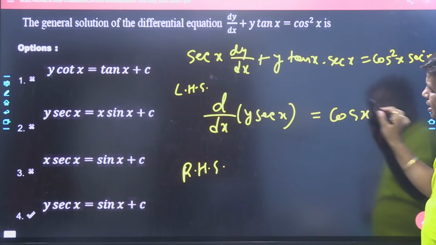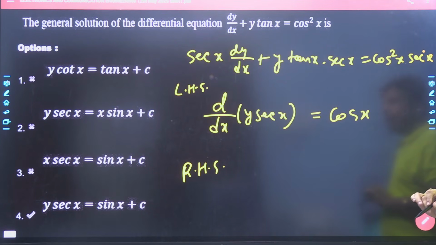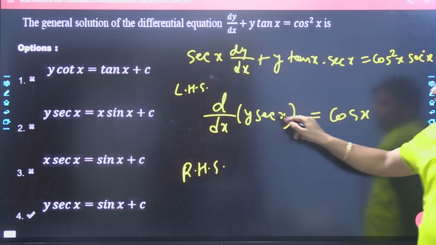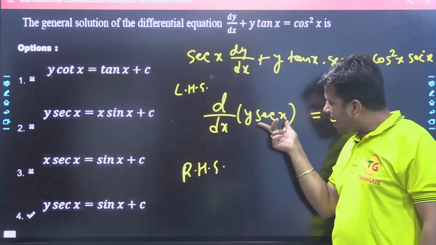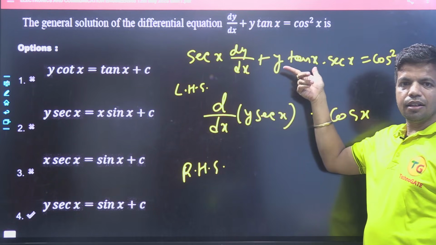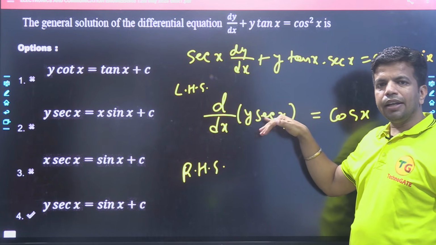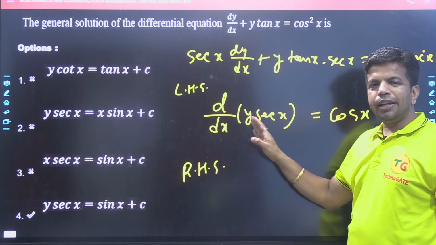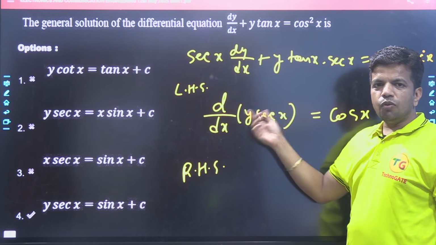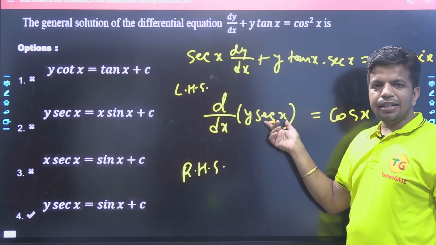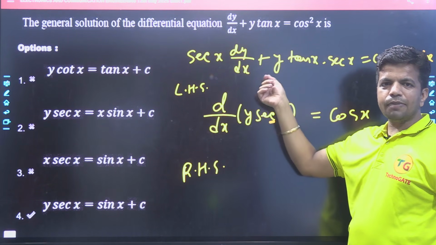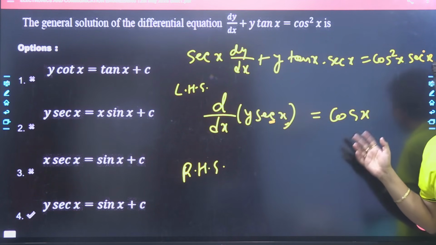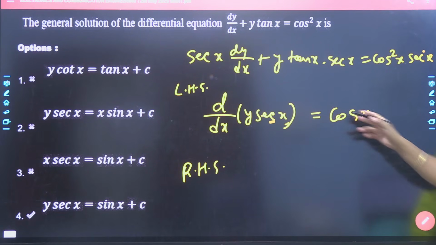When we differentiate y sec x using the product rule, y as it is, differentiation of sec x is sec x tan x, plus sec x times differentiation of y, which is dy by dx. So you get that particular value.